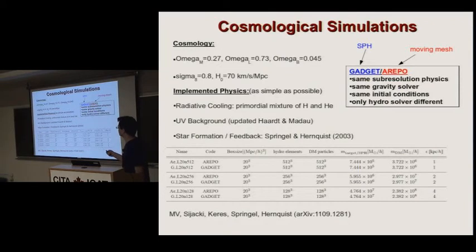We had some standard cosmology, and the physics that was implemented is very simple: cooling of a primordial mixture of helium and hydrogen, an updated UV background, and a star formation and feedback description with an effective equation of state description based on Volker's model from 2003. It's actually not important what kind of physics we put in, it's only important that both codes have exactly the same physics. So every difference you see on the next slides is purely due to the hydro solver, not feedback differences or so on.